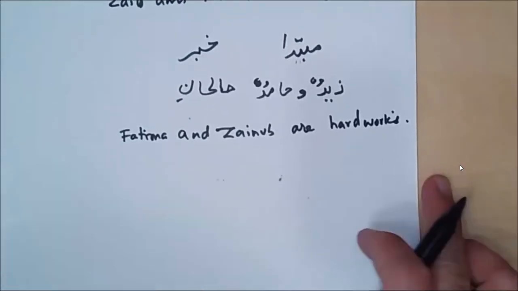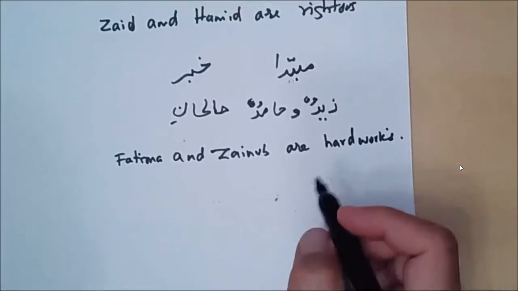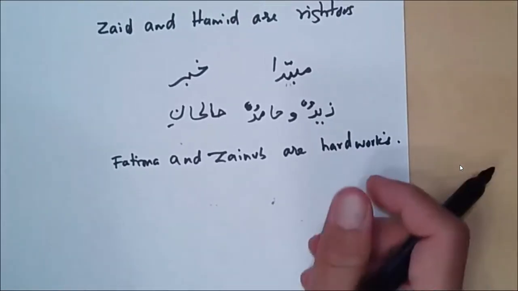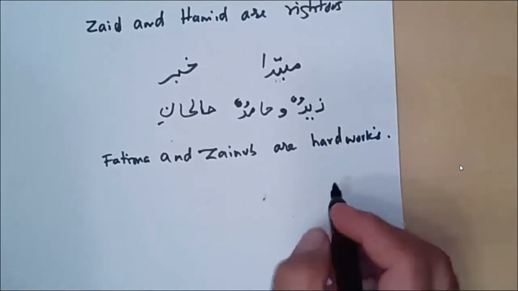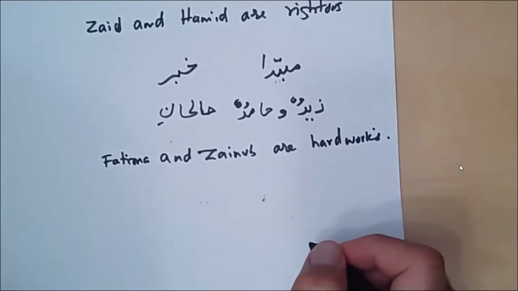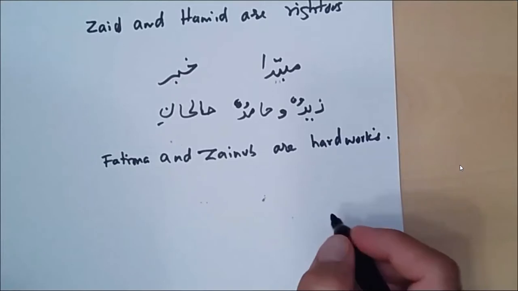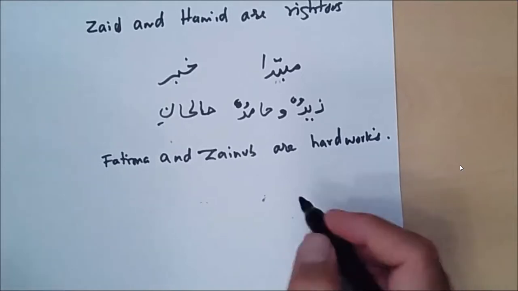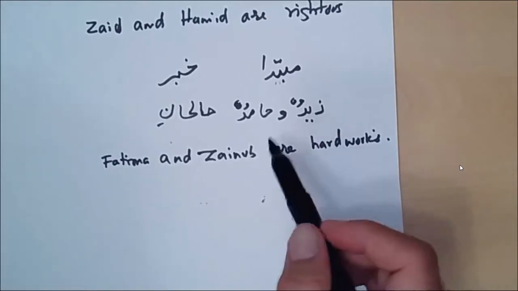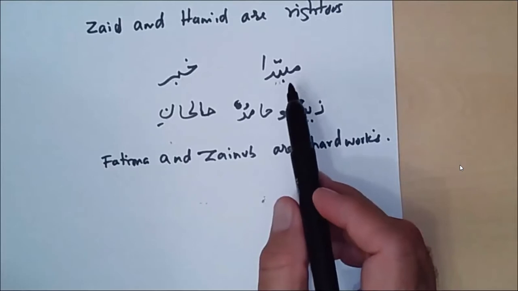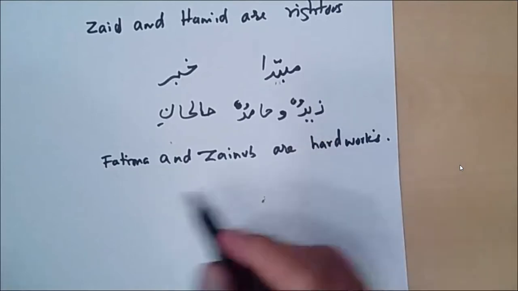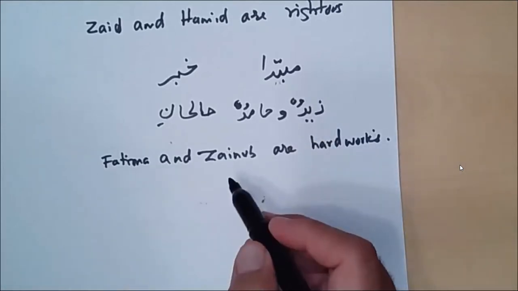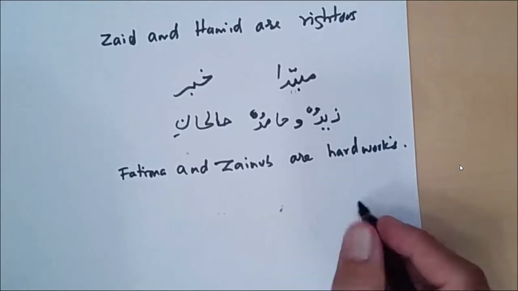What is our mubtada here? Sister Noshin, do you want to give it a try? I missed last class a lot, so I'm just following. Okay, no worries. Do you understand the mubtada part? Yes. Okay, if I say Fatima and Zainab, what will be the mubtada then?